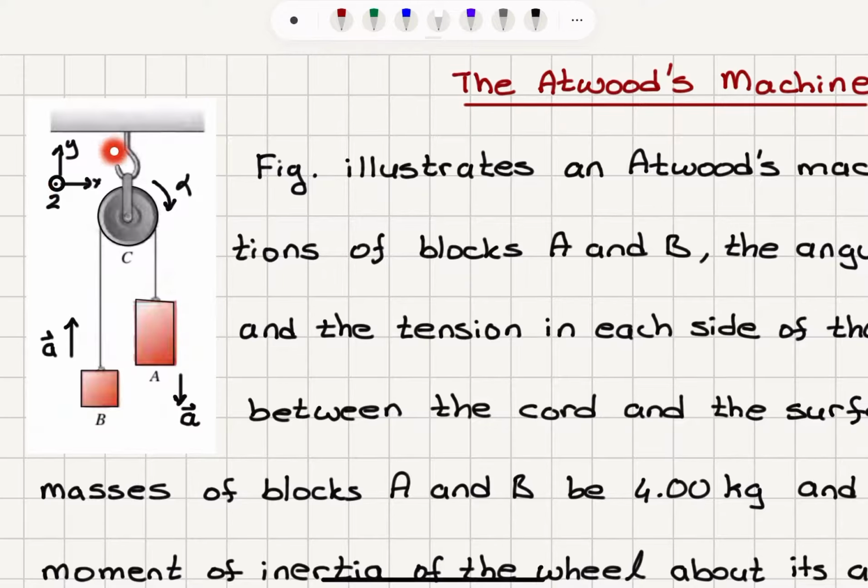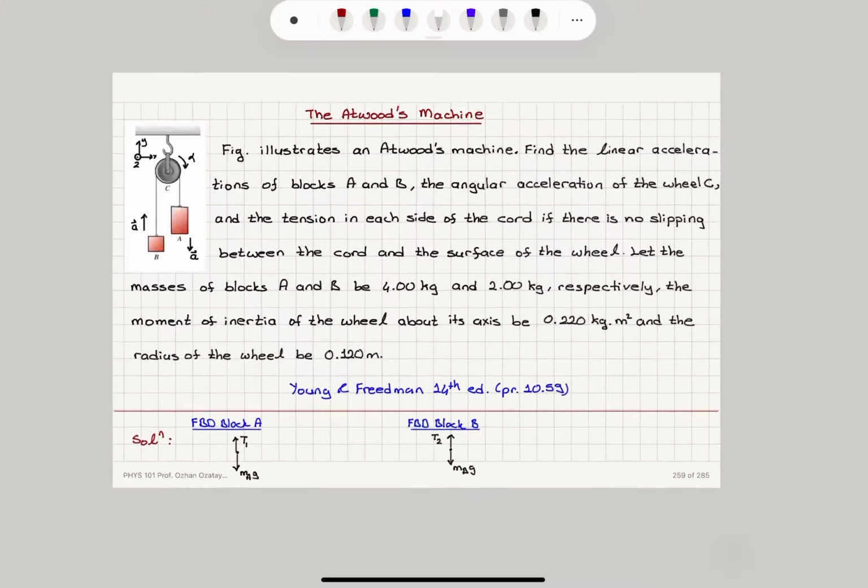If we set up our coordinate system here, this angular acceleration would have a minus k hat direction using the right hand rule. So if we curl our fingers in the direction of alpha, the thumb points in minus k hat.